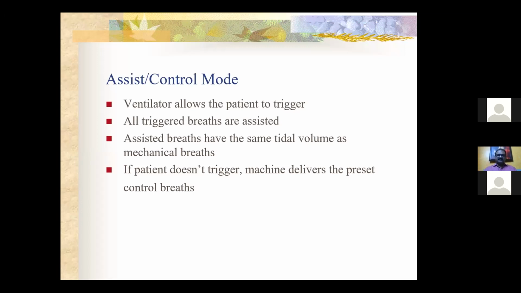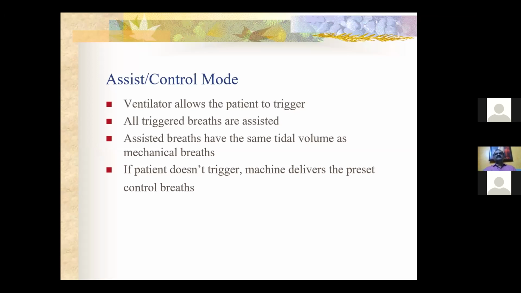patient to trigger. Okay, and all the triggered breaths are assisted, because once the patient tries to take in a breath, if the patient is able to trigger the ventilator, the same as in non-invasive. If the patient is able to trigger, depending on the settings, then all those triggers are assisted by the ventilator with the same tidal volume as we have set.